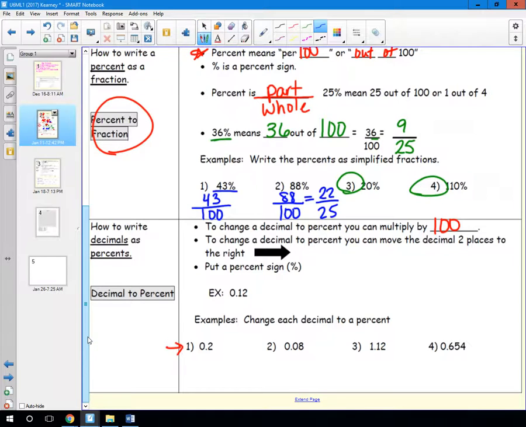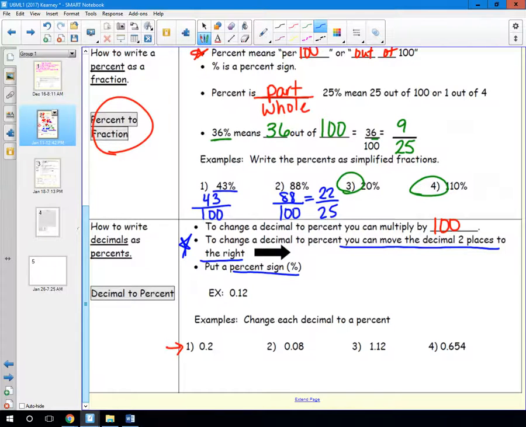The other thing you can do to go from a decimal to a percent is the easiest way, guys. Right here, I'm going to star that one. You can simply move the decimal 2 places to the right, and then put the percent sign. The way that I remember that is I think about how 100 has 2 zeros.